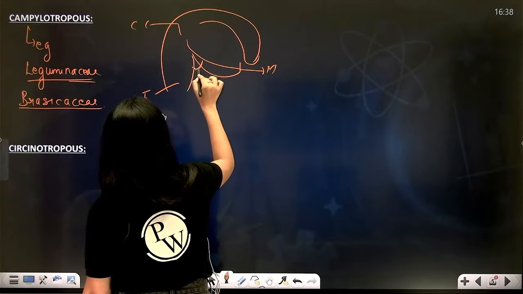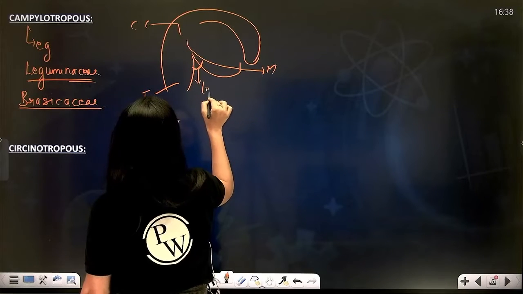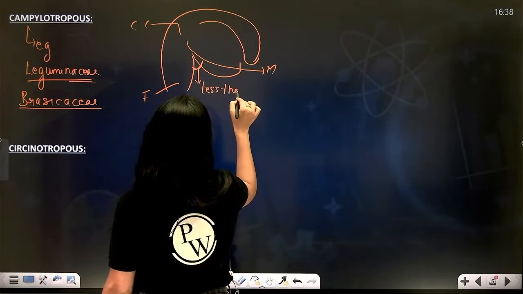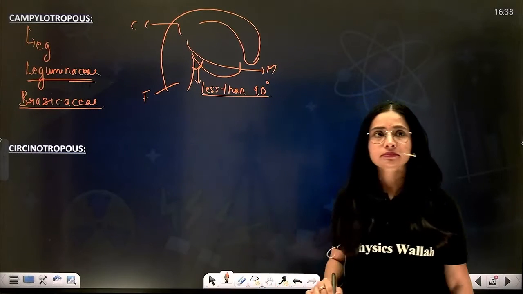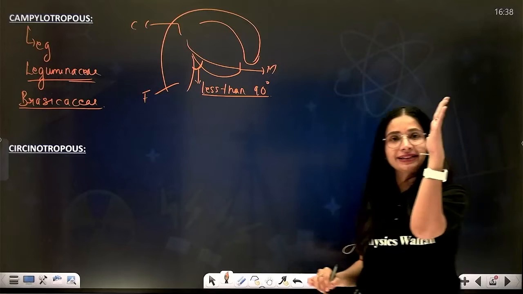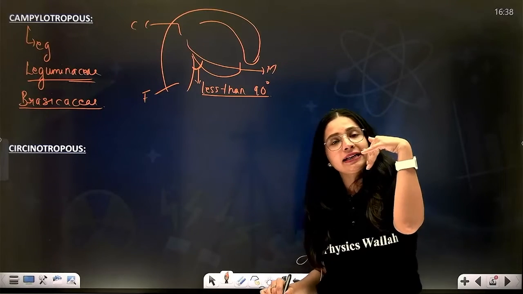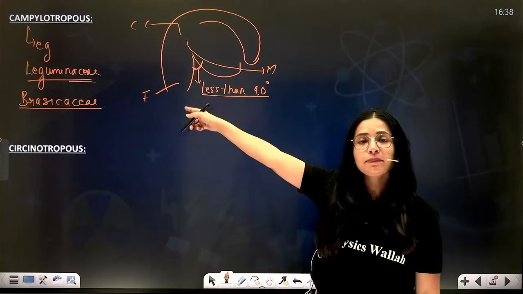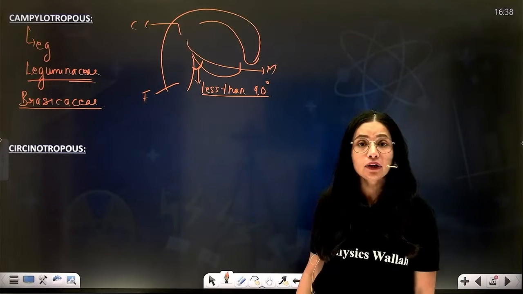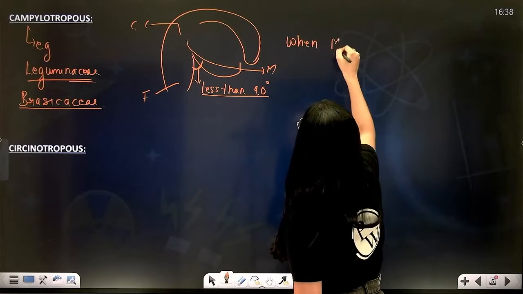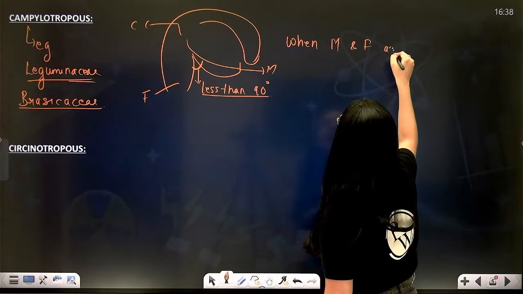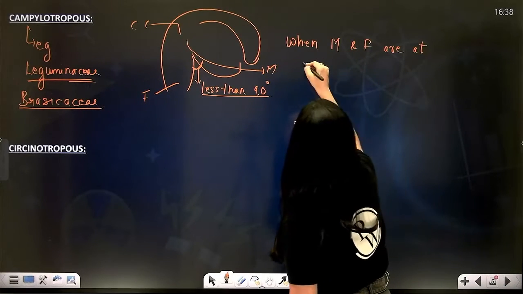See, the angle has come less than 90 degrees. Understood? Initially like this, now again it is bending. So this type of ovule is known as campylotropous when micropyle and funicle are at an acute angle.